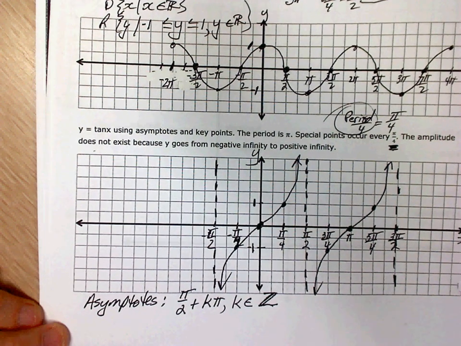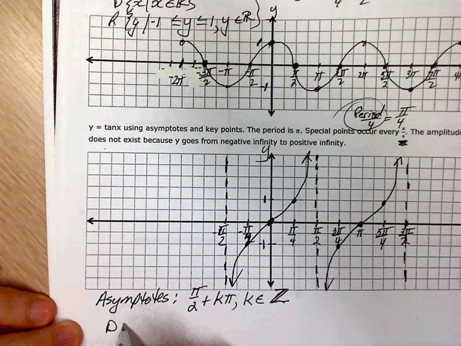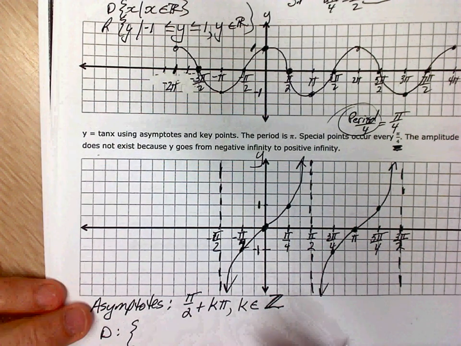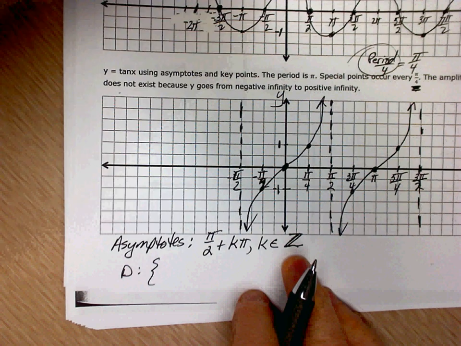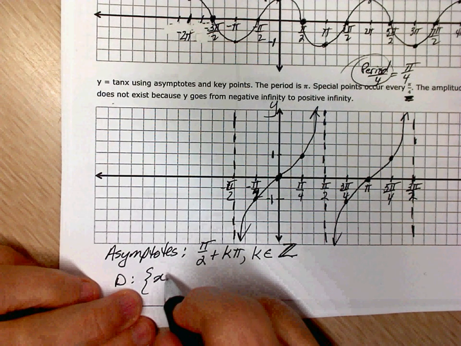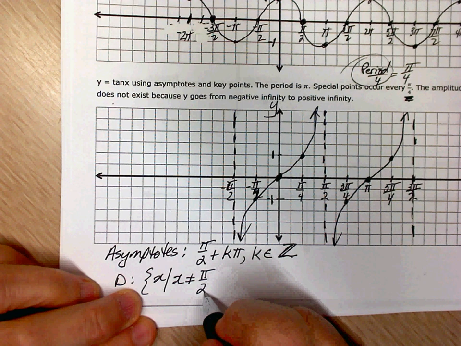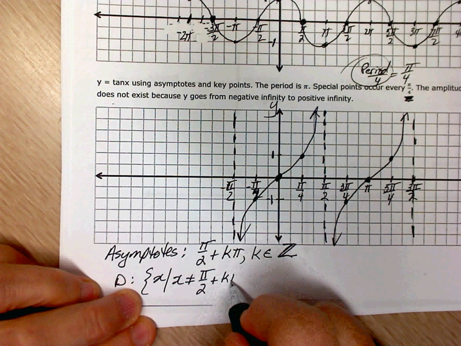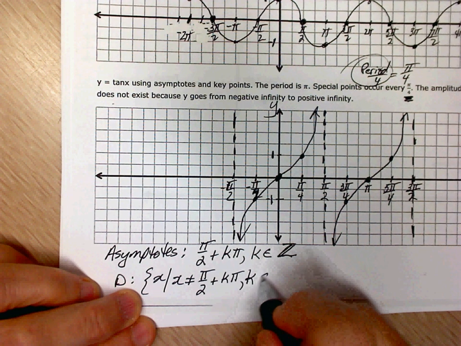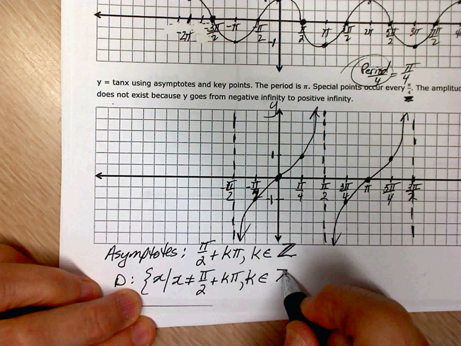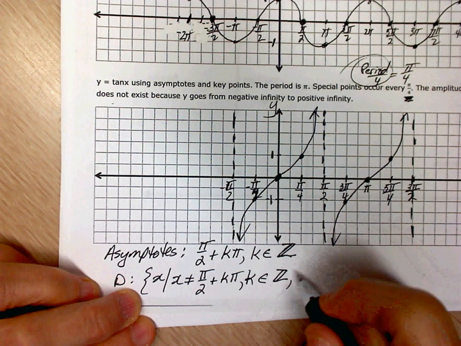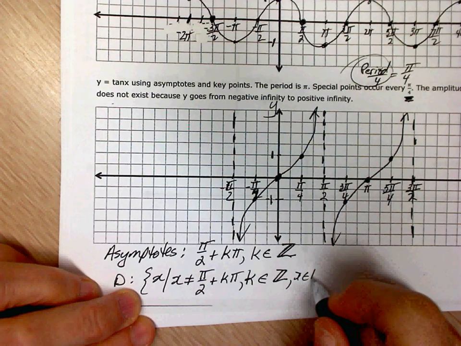So that means our domain is more complicated than sine and cosine because we have these asymptotes. So x cannot be pi by 2 plus k pi, where k is an element of integers, and x is an element of real numbers.